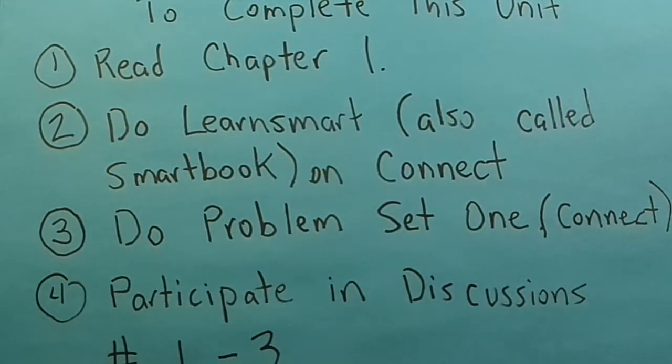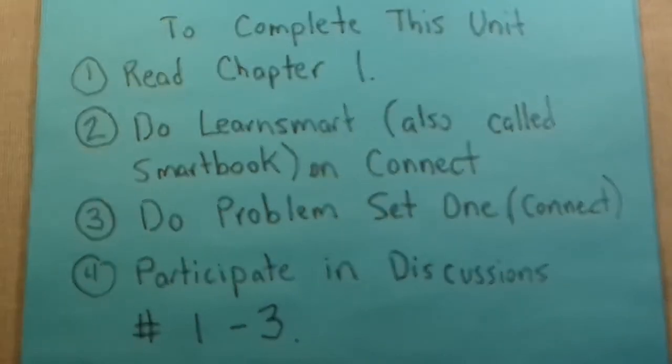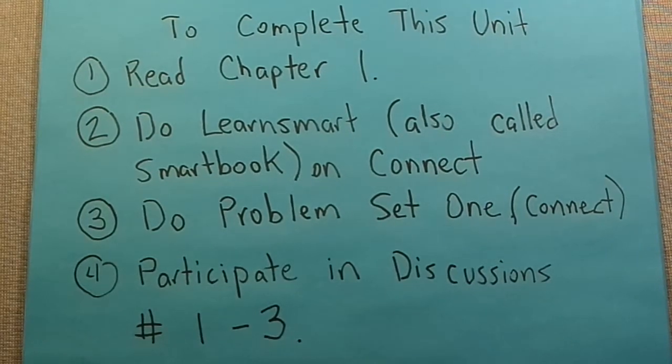To complete this learning unit, Learning Unit 1, you need to read Chapter 1, do the Connect Learn Smart, which is also called Smart Book on Connect, do Problem Set 1 in Connect, and participate in the first 3 discussion boards. Now let me point out that discussion board number 1 is merely an introduction to the rest of the class, worth 100 points.